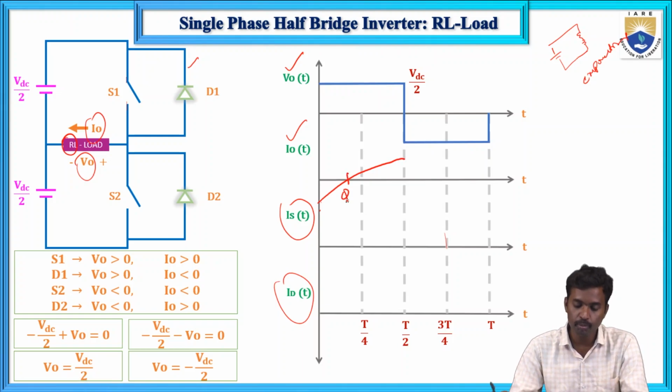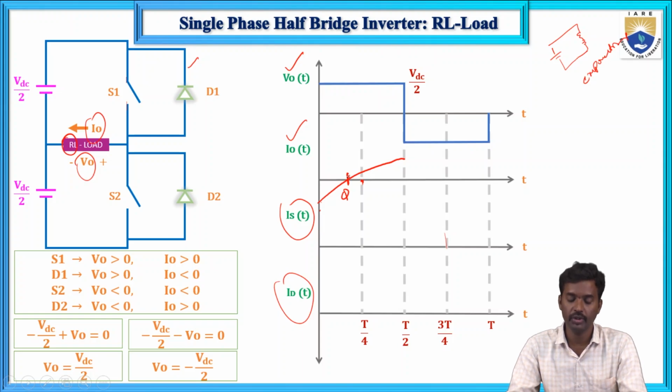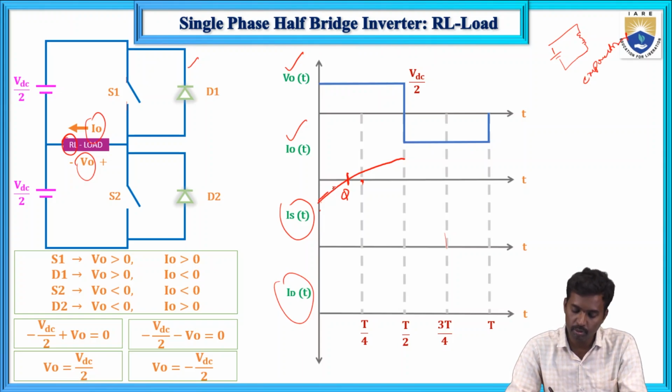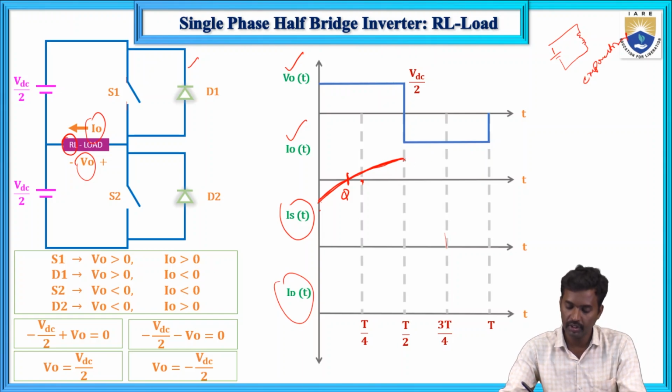In a pure inductive load, it is triangular, up to pi by 2, but here the phi duration is less than pi by 2. This is the exponential curve, and after that it decreases. So the waveform should be like this.